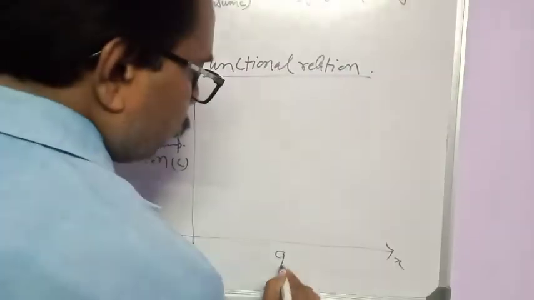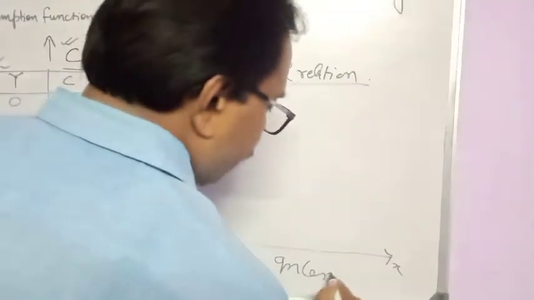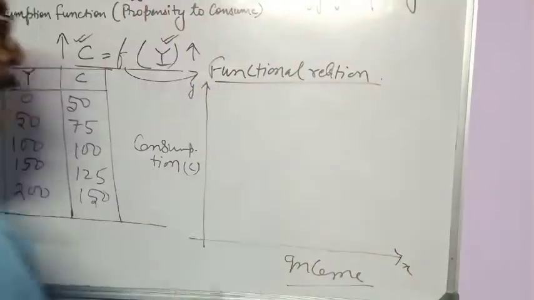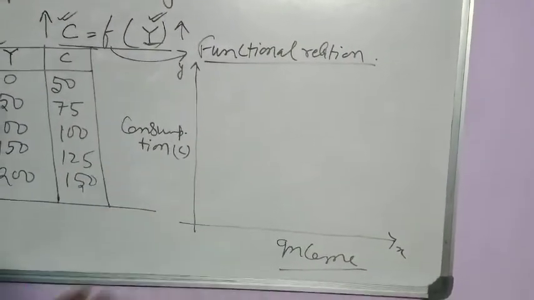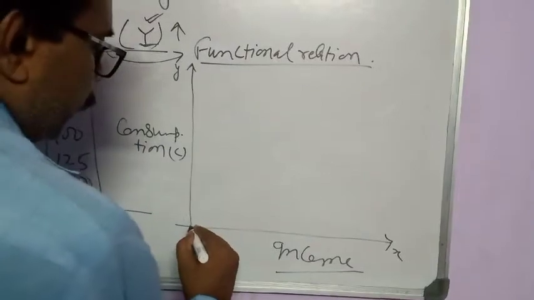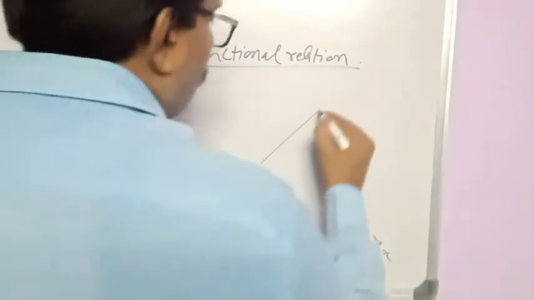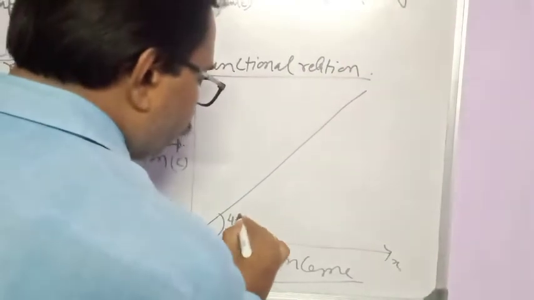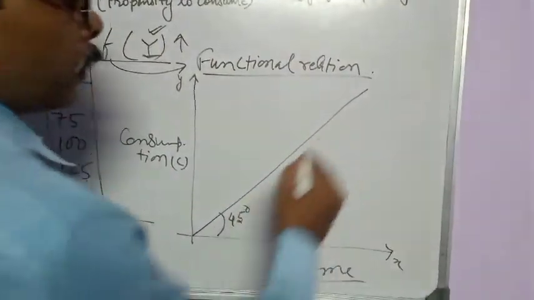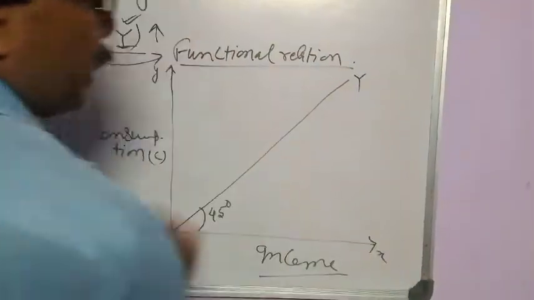So always you will take the income on the x-axis. Clear? In the aggregate supply, as I told you, the income line always passes through at an angle of 45 degrees. Okay? So this is your Y line.